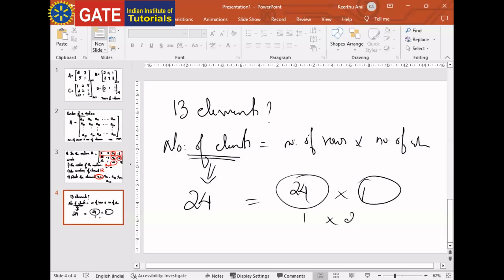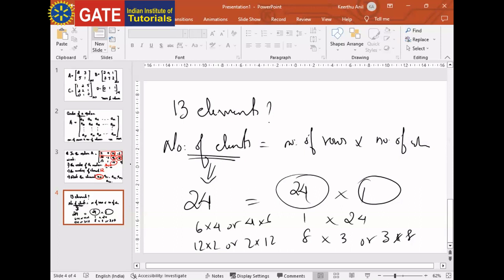Now, what else will come? 8 into 3 or 3 into 8 can come. 6 into 4 or 4 into 6 can come. 12 into 2 or 2 into 12 can come. So all these are possible cases. Now, all these you can list down.